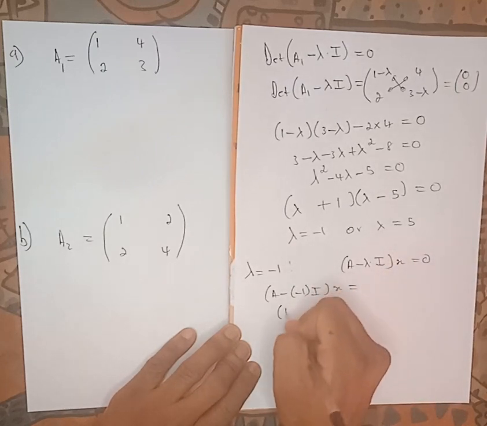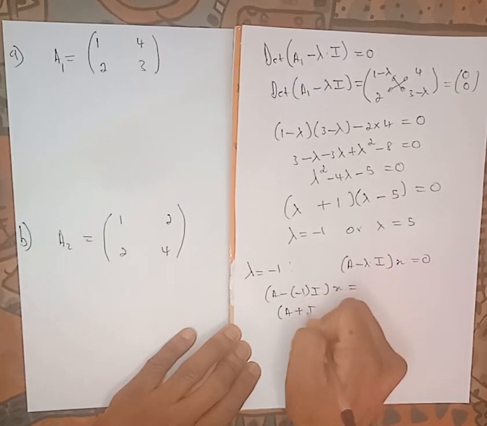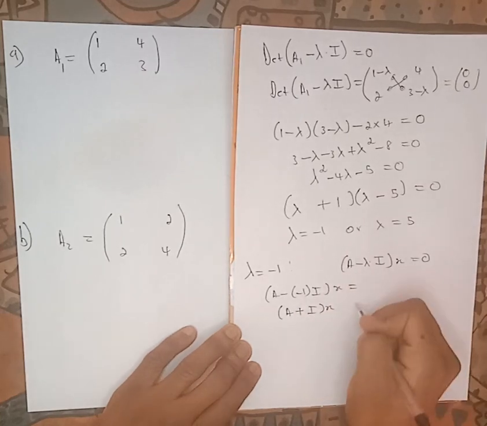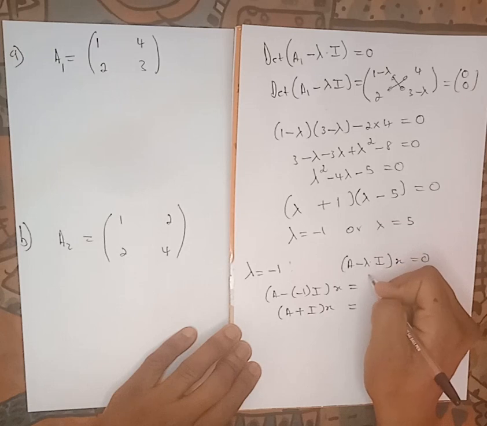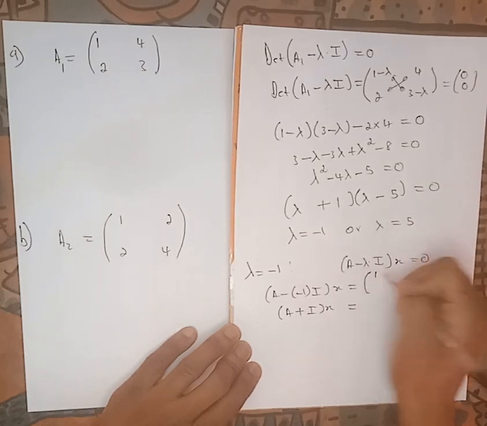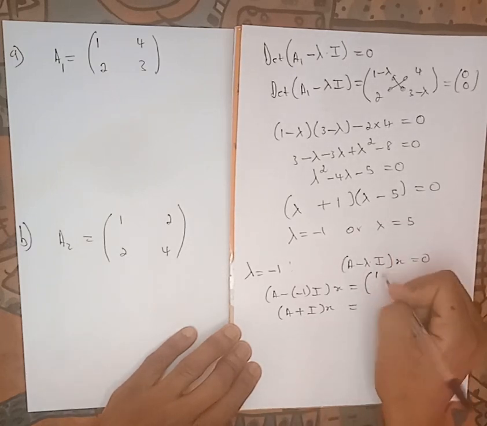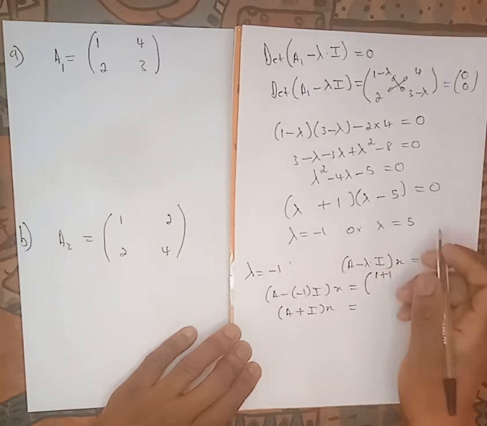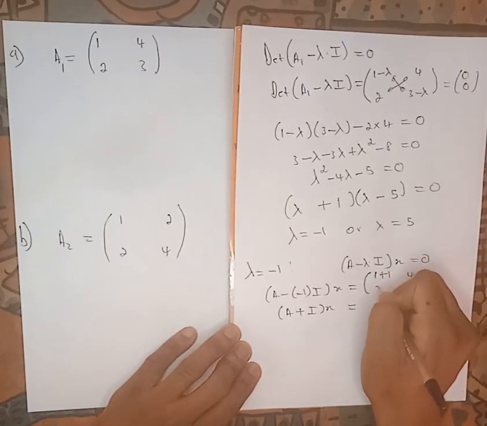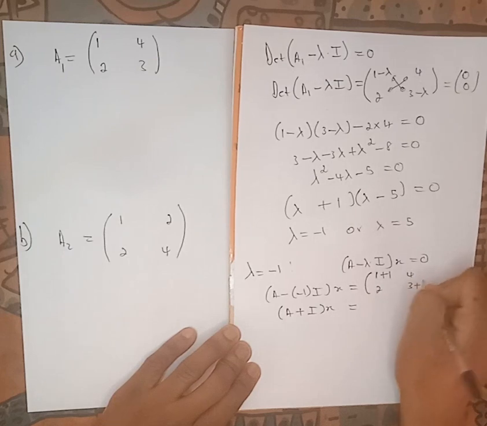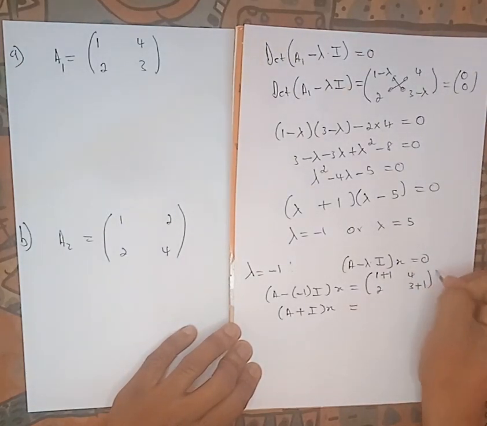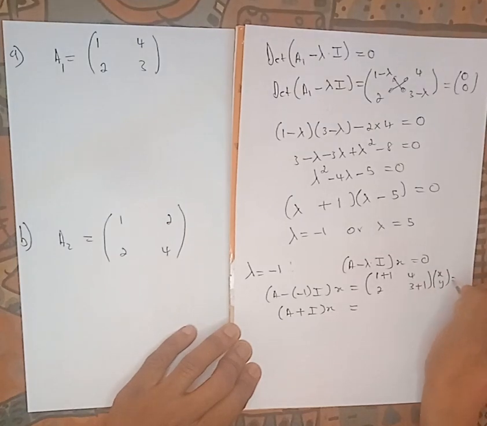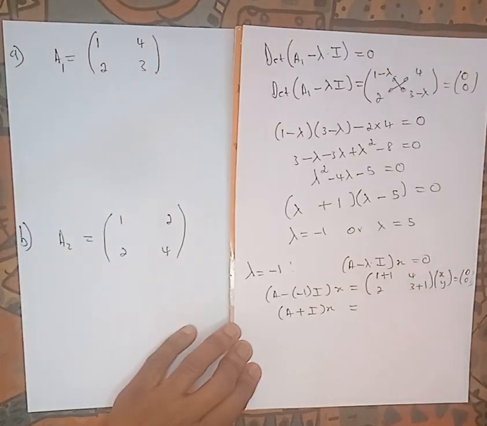And this will become a plus I x, which will be equal to our matrix 1. But since here is positive, we are going to be adding by 1 here. So this will be 4, 2, 3, and then we add by 1. We do it diagonally. And this will be x y, which is equal to 0 and 0, according to this formula.